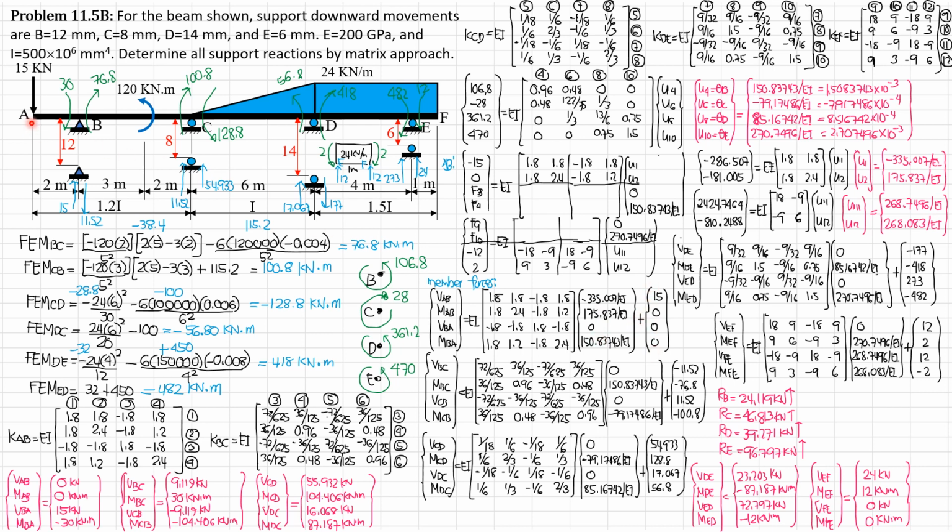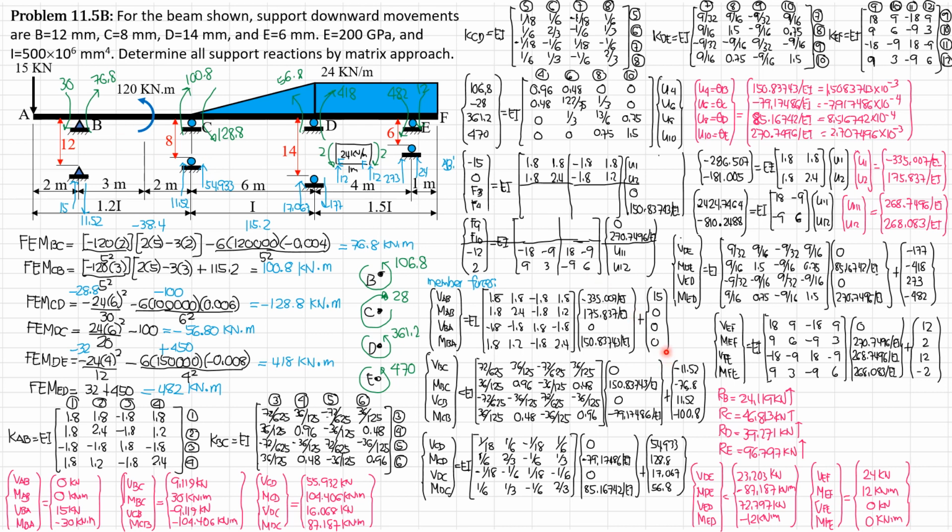Since this is considered fixed, the fixed end force here is upward, equal to 15. So that's why you have 15. Fixed end moment is 0 at A, 0 also at B because the load is acting at the fixed end, and it will not produce moment.